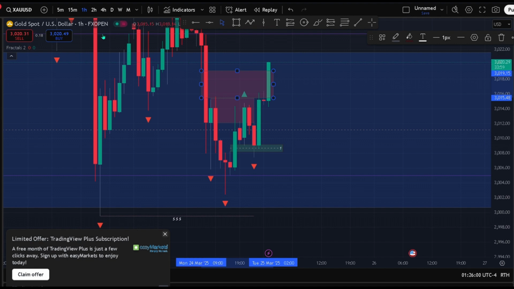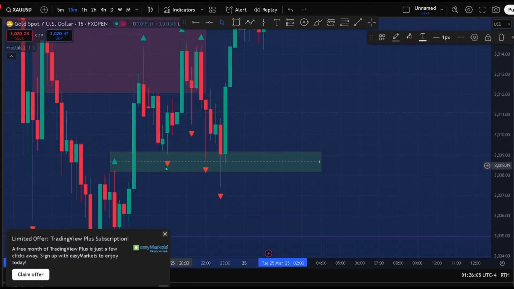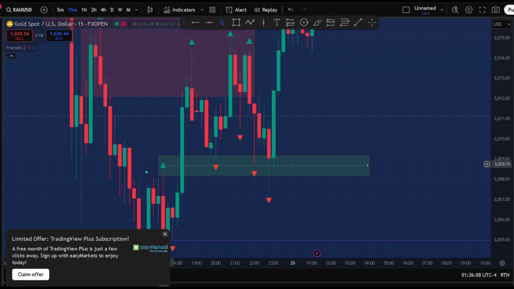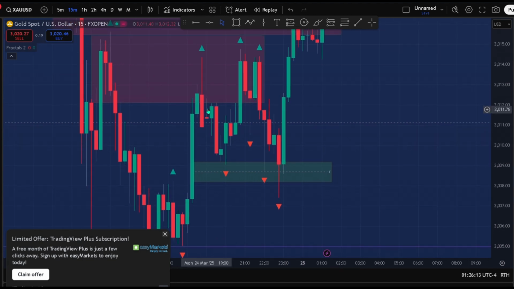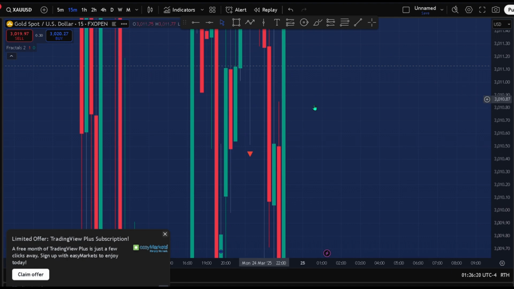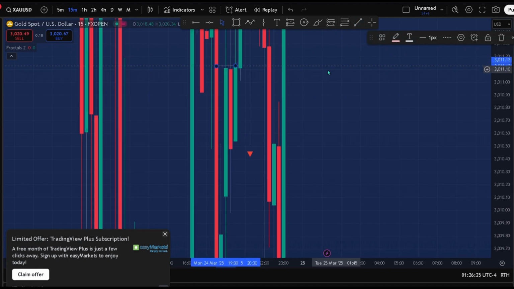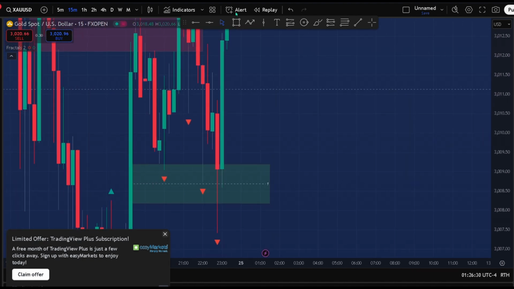So once we've marked everything out, what do I need to do then? Drop to my 15-minute. On my 15-minute, what am I waiting for? Nice and simple. If this is our 1 hour gap, price makes a low, makes a high, makes a low, makes a high, does not break immediately. Let's see if it broke here. Yes. I explained the difference between a breaker and a BOS, but I'll explain it again. A break of structure is pretty simple.